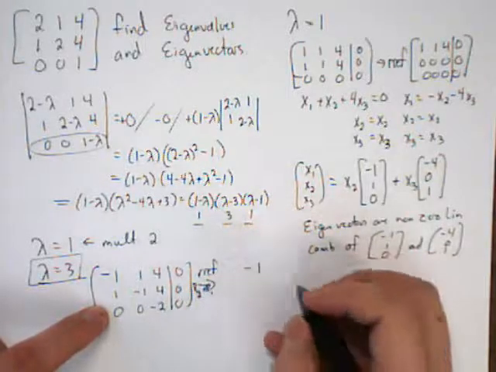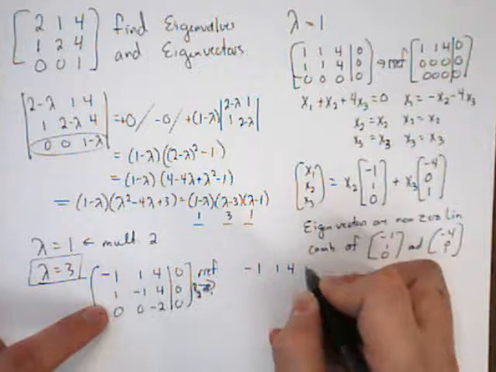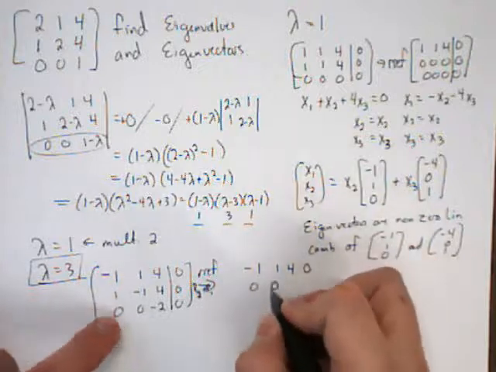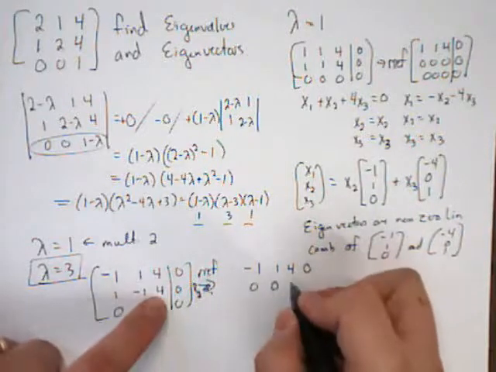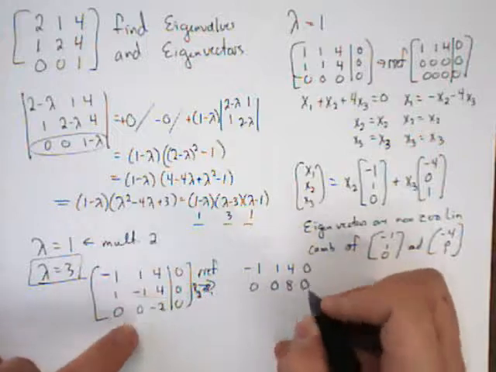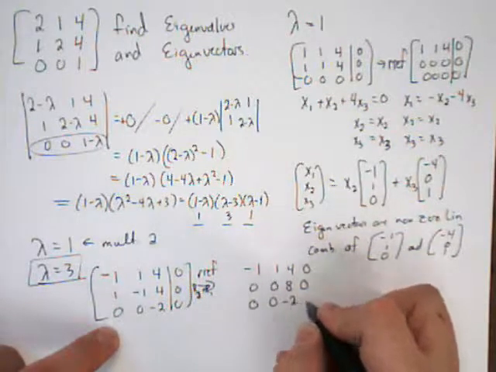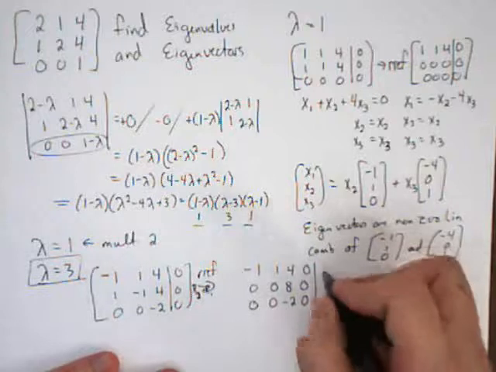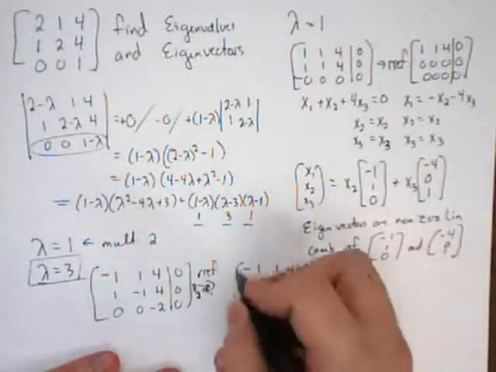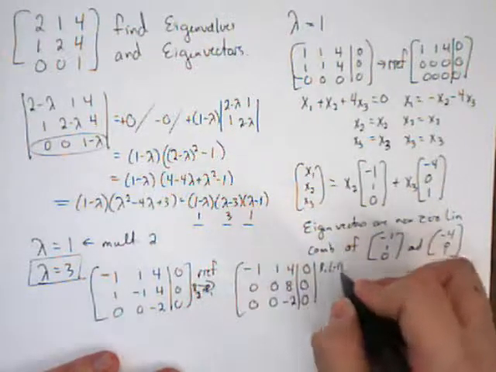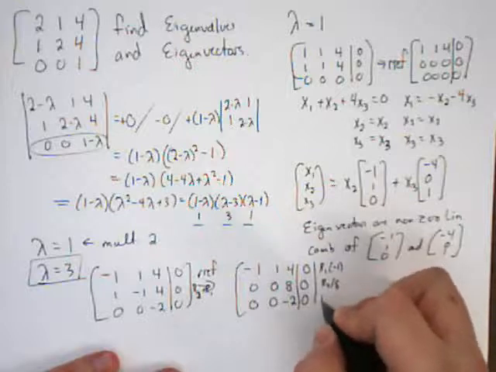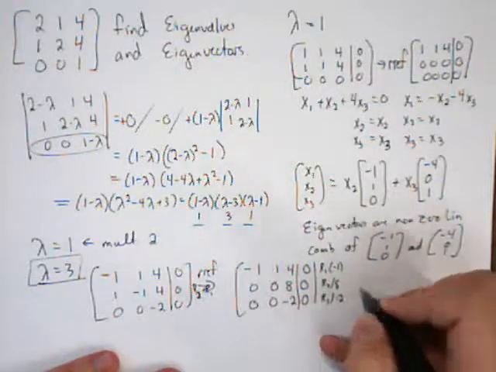We've got a negative 1, 1, 4, 0, 0, 0. That'll turn into an 8, 0, and then 0, 0, negative 2, 0. Let's take row 1 and multiply it by negative 1. We'll take row 2 over 8, and we'll take row 3 over negative 2.